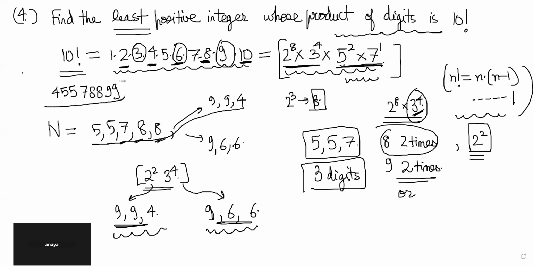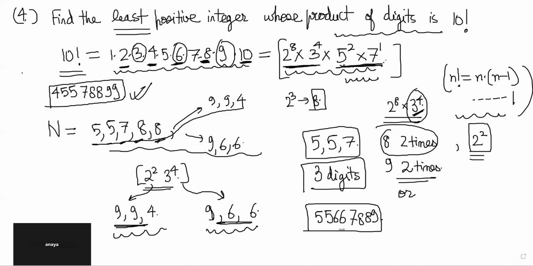That is one number. And from the other case, the number that we end up getting is obviously 5, 5, 6, 6, 7, 8, 8, 9. Notice that both of them have the same number of digits, 8 digits, but obviously this is smaller.